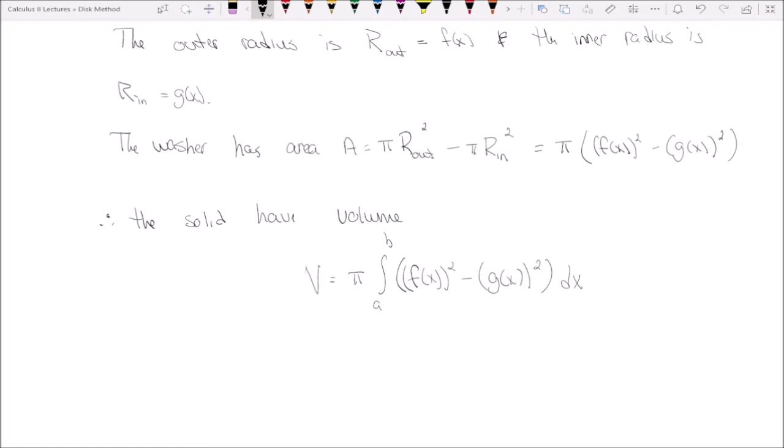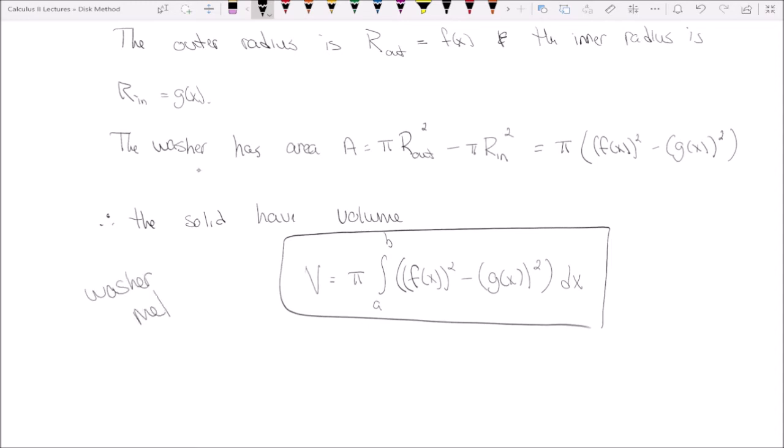This is known as the washer method. Since it's really just a derivative of the disk method, I'm not going to write out its own formal theorem, but just be aware that this is the washer method.